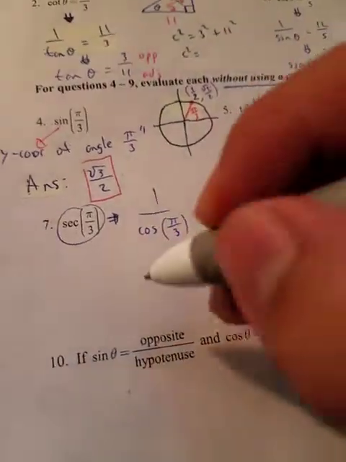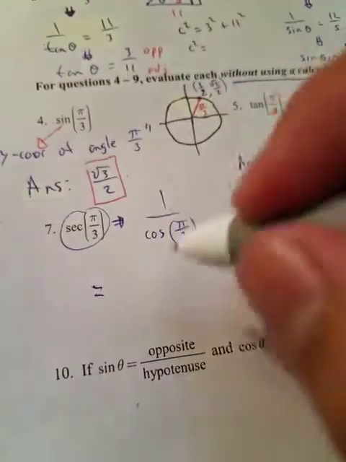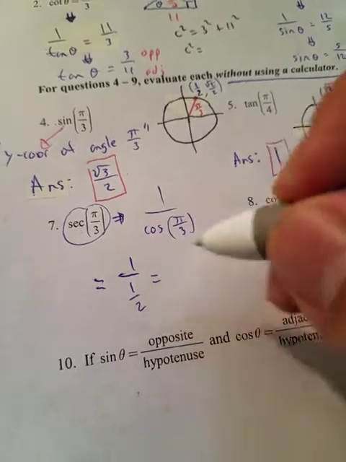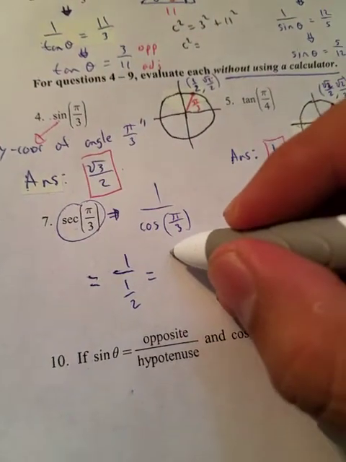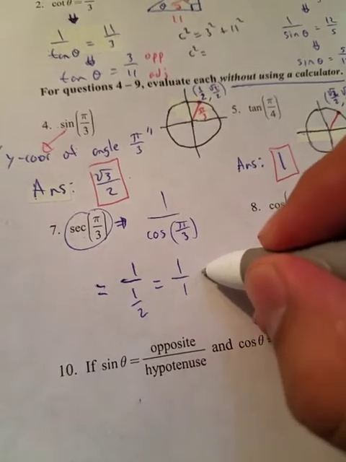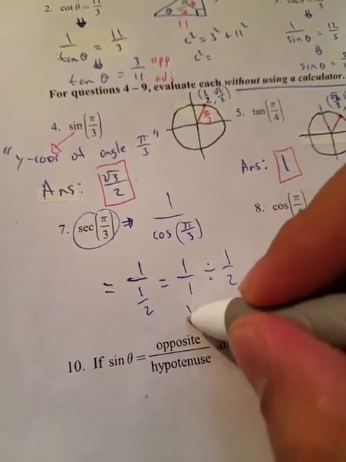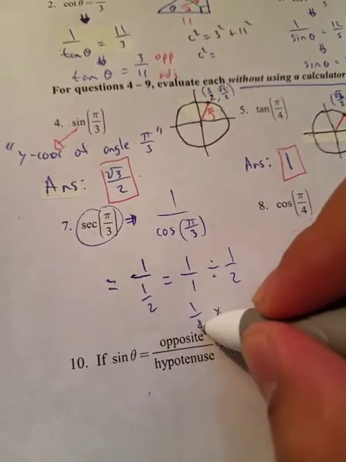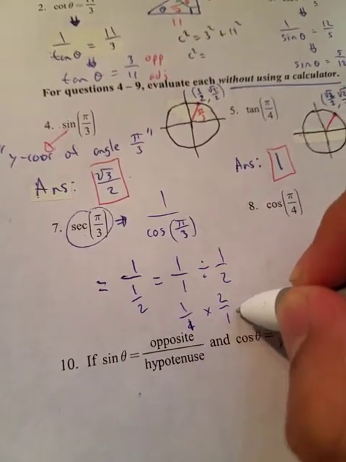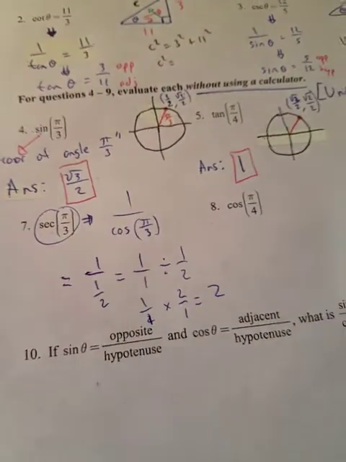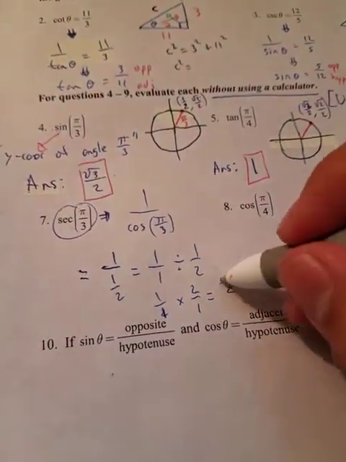So look, this guy here then gets solved like this, 1 over 1/2, which just inverts it to, well, let's do the whole thing. 1 divided by 1/2, which is then 1/1 multiplied by 2/1, and 2 is my answer. So the secant of pi over 3 is 2.